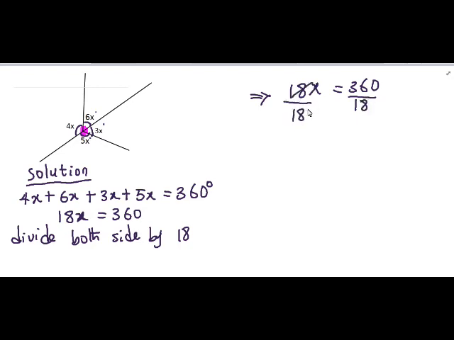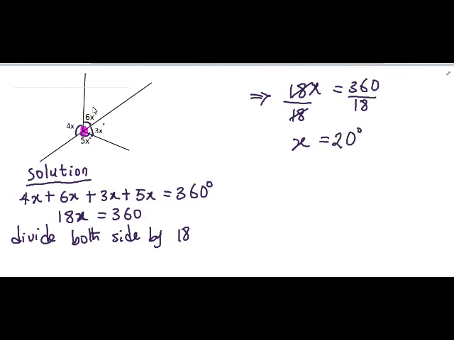So 18 cancels 18 here, x stands alone, and 360 divided by 18 is giving us 20. Wow. So it gives us 20 degrees. It means that x is 20 degrees.